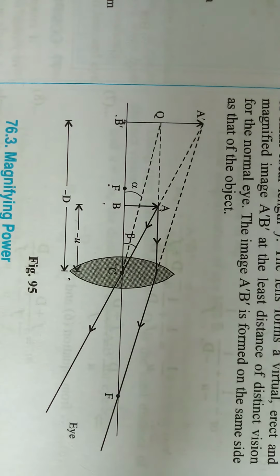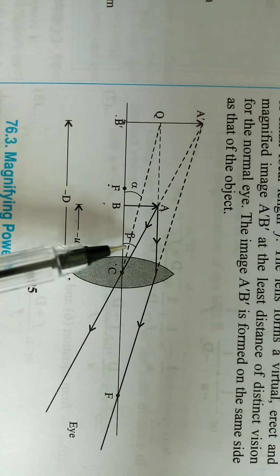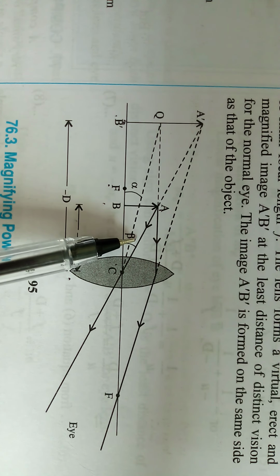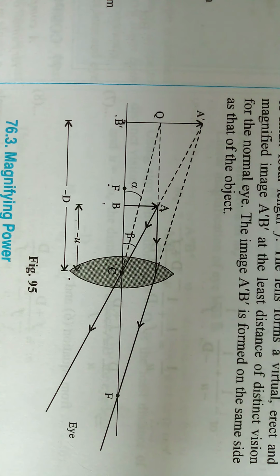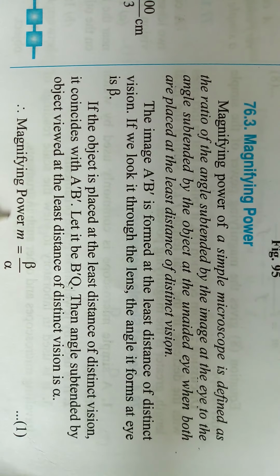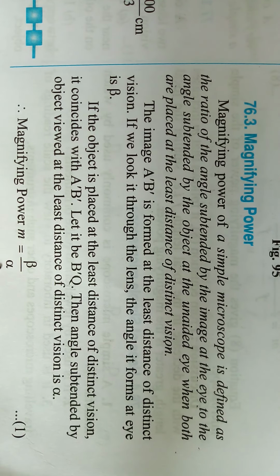Students, how we calculate this, or how we take this alpha and beta, that is the angle subtended, we will discuss in our online class. Clear? So the magnifying power M is equal to beta upon alpha.